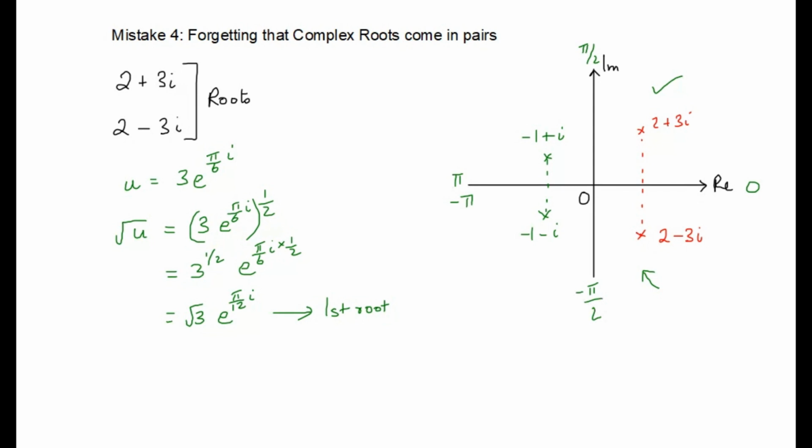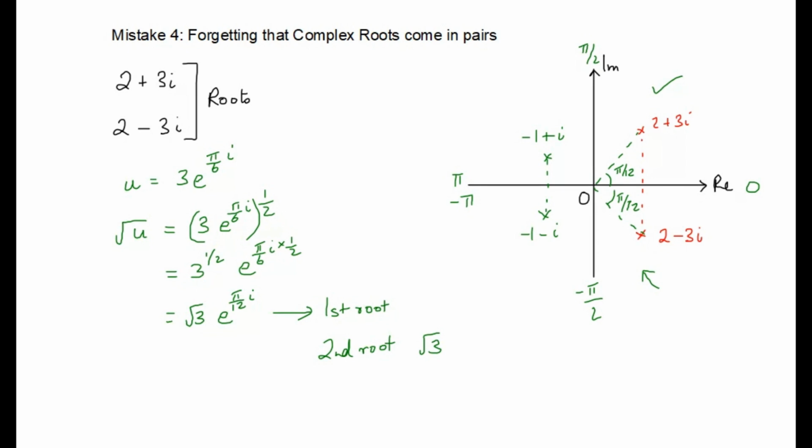So that would have the same modulus, so root 3. And if I had to find, so let's say this is pi by 12, just for the sake of demonstrating it. If this is pi by 12, this would be another pi by 12 here, right?